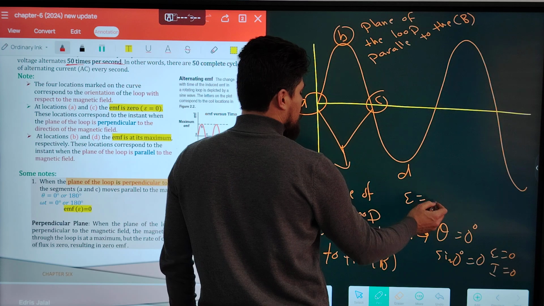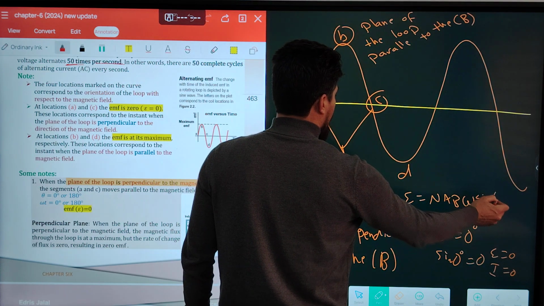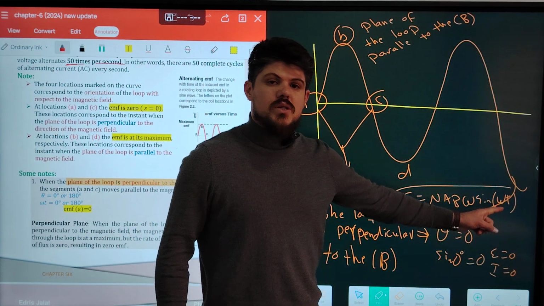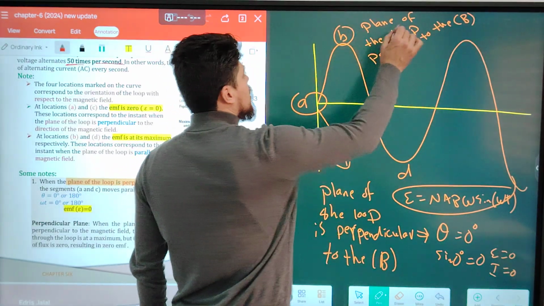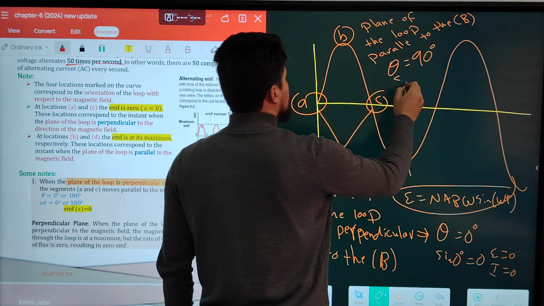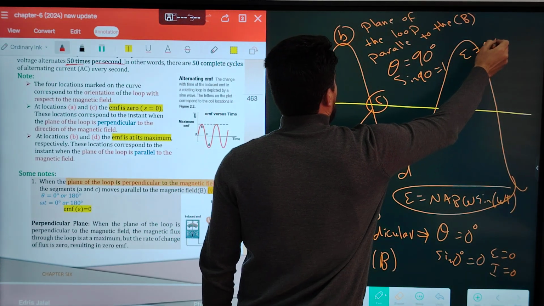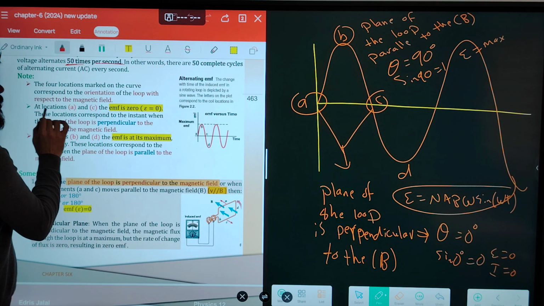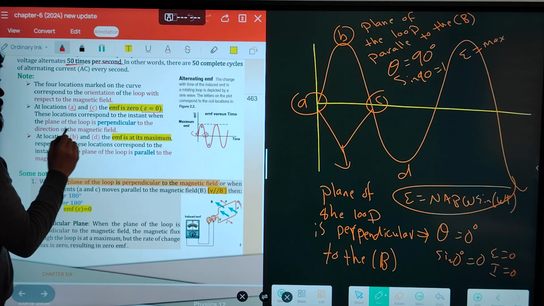Because the equation of the generator is NAB omega sine omega t. Sine 0 is 0, sine 180 is 0, but sine 90 is maximum. When the plane of the loop is parallel, theta is 90, and sine 90 is equal to 1. EMF maximum, current maximum.